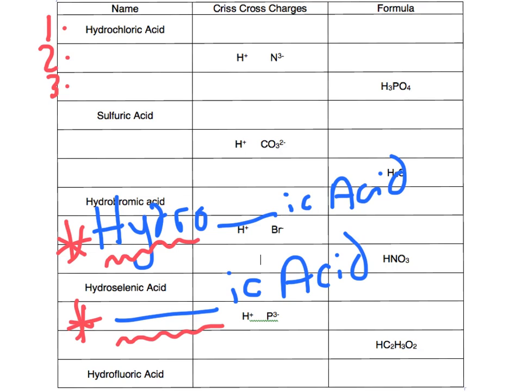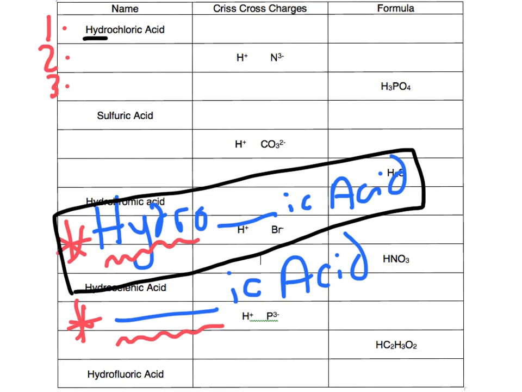Now let's use this to our advantage and answer 1, 2, and 3. So my very first question, I have hydrochloric acid. The word hydro there is the big key. So if I see the word hydro, then I fall into this category, and that means that I have a very simple compound that has H+, so I'm going to write that down because I know that's always going to be what I start with. And then whatever I see in the middle there, that's going to be the identity of my anion.